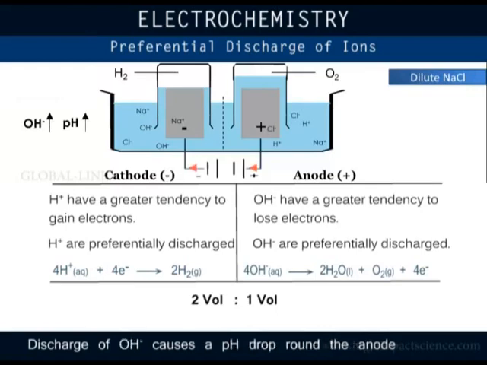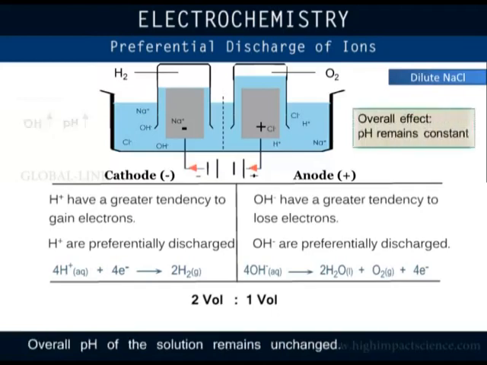Conversely, pH decreases at the anode as hydroxyl ions are used up and the relative concentration of hydrogen ions increases, causing the pH to fall. Therefore, the overall pH remains unchanged.